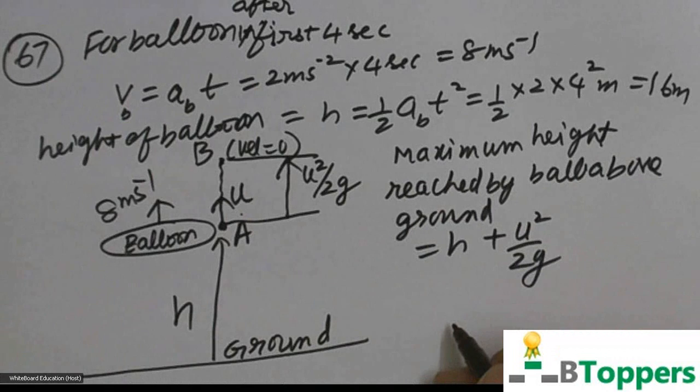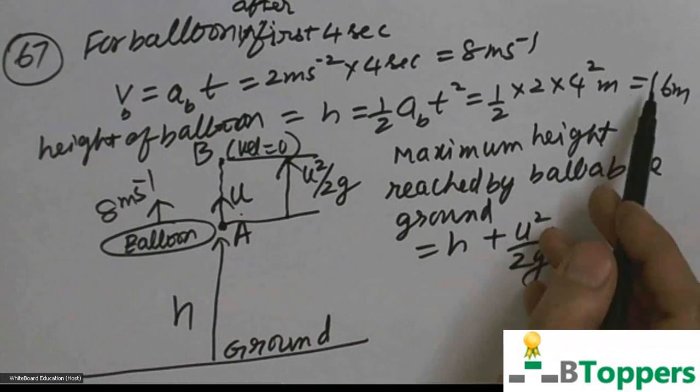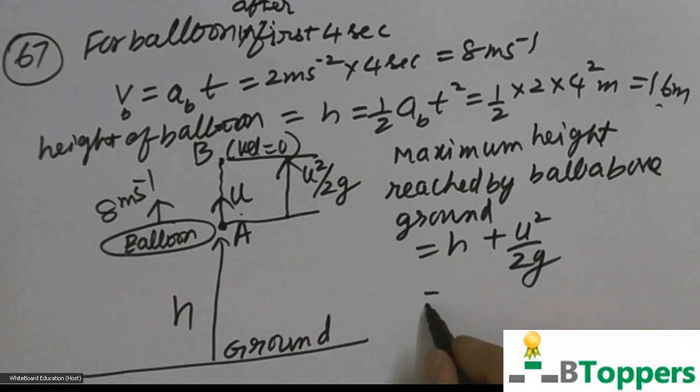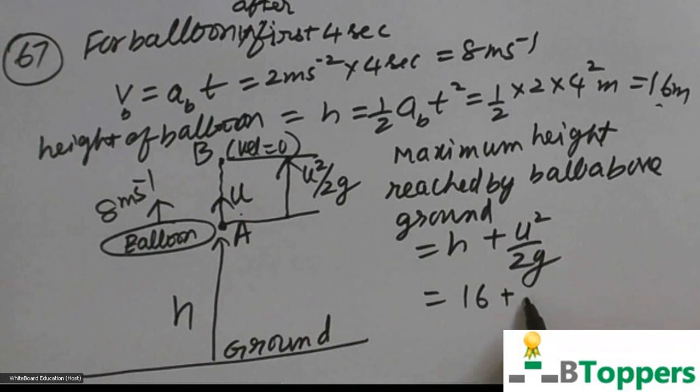So here, what's the value of h given in the problem? H we have calculated as 16 meters, and u equal to 8 meters per second. g is given to be 10 meters per second square.